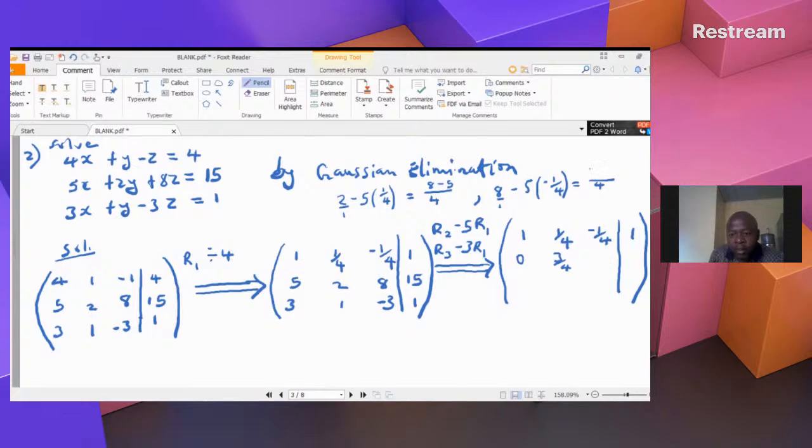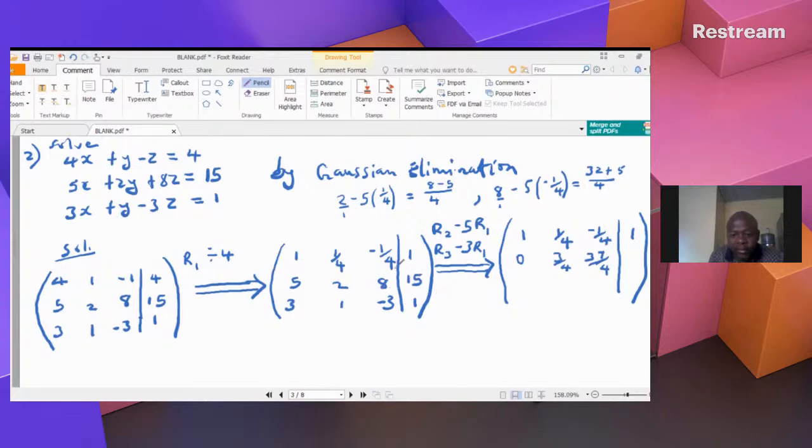That 2 minus, that 2 plus 5, because this minus times that minus is plus. So that 2 plus 5 is 7 out of 4. Let's be keen so that we transfer correct values.